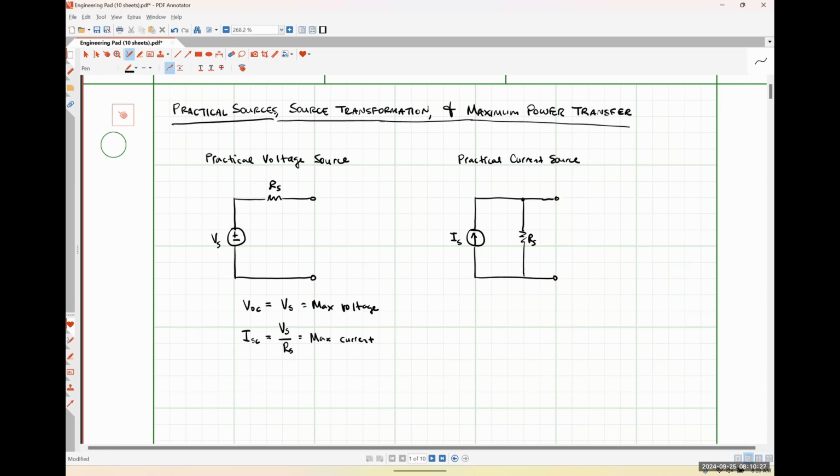Okay. So what do you guys think the role of that source resistance Rs is in a practical current source? In our practical voltage source, the resistor Rs limits the current. What is Rs doing in the practical current source?